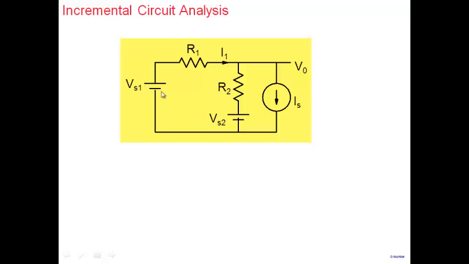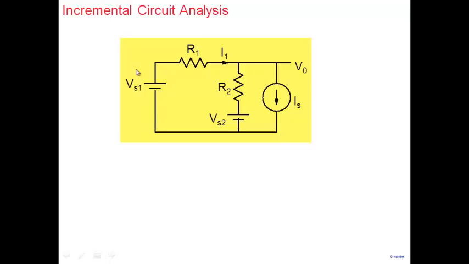Now I want to know that if I change Vs by a small amount, by how much will V naught change? Or you could ask the question, if I change R1 by 10%, how much will V naught change? Or if my current decreases by a small amount, how much will V naught change? That's the question we are asking, and that's why I'm calling it incremental circuit analysis. Our interest is that I've changed something.